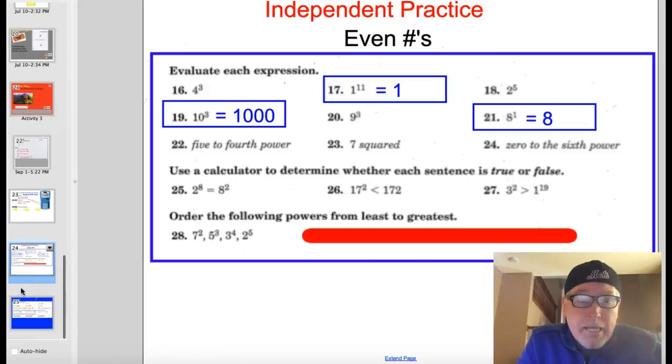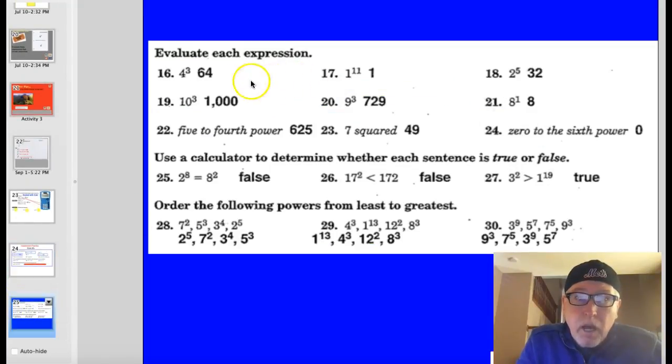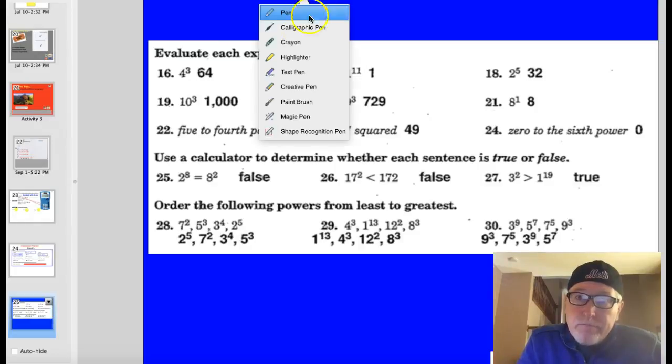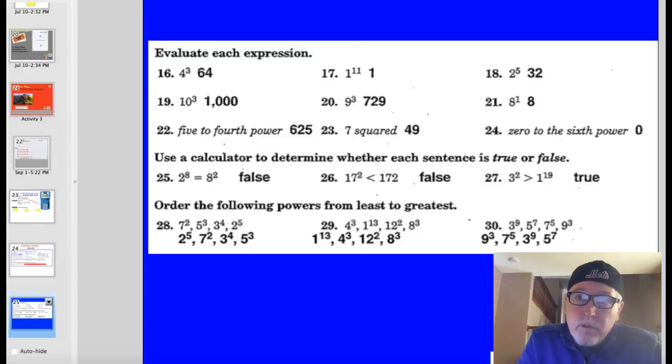Alrighty then. You were just doing the even ones. Let me just grab a highlighter here so I can highlight those. So 16 would have been 64. You notice how I keep doing the 64 thing, because 4 to the 3rd is really a popular question, so I'm trying to stress that. 2 to the 5th, that's 32.